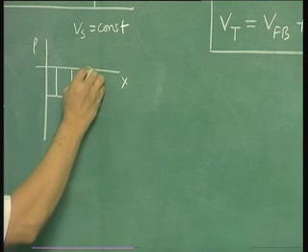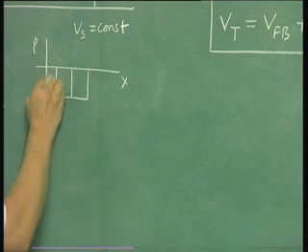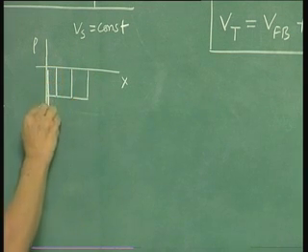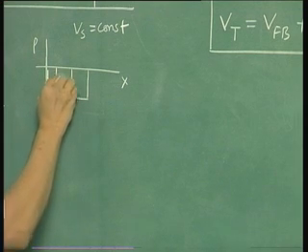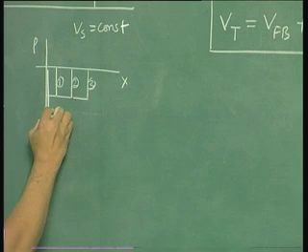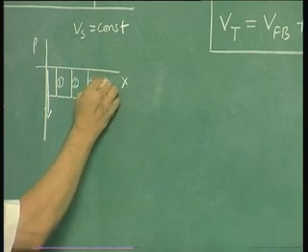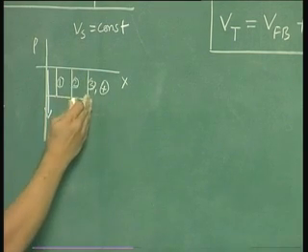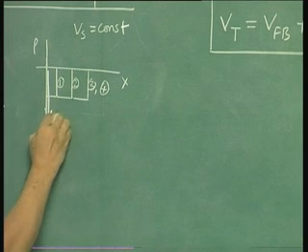Beyond threshold, the depletion region stops expanding and you have the inversion charge. So let us call this 1, this is 2, this is 3, and this is also 4, because your depletion region almost stops expanding beyond threshold.